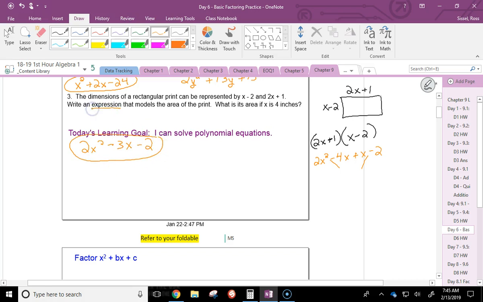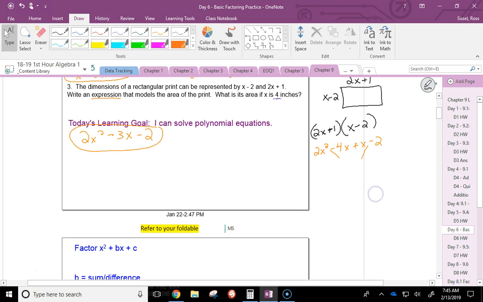They asked us for an expression. Then they said if x is 4 inches. So all we're doing is substituting 4 in for x. You would solve it.